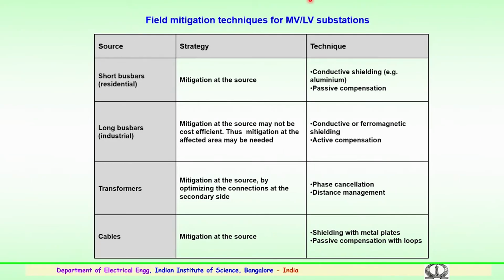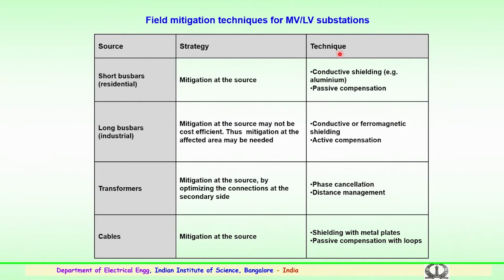So, mitigation at the source level could be done. Again, mitigation at the source may not be cost efficient for bus bars, thus mitigation at the affected area may be needed, that is wherever near the industry, the area has to be taken care of. In case of transformers, the electric and magnetic fields can be reduced at the source by optimizing the connections at the secondary side. Again for cables, mitigation should be done at the source level.